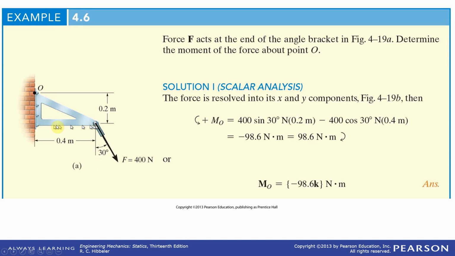You can look at this one times this radius plus this one times this radius. 400 sine 30 times 2/10 of a meter. You get that answer. 400 cosine 30 times 4/10 of a meter. 400 cosine 30, 3/10 of a meter, negative, to get this answer. So that's pretty easy, what we've seen before.